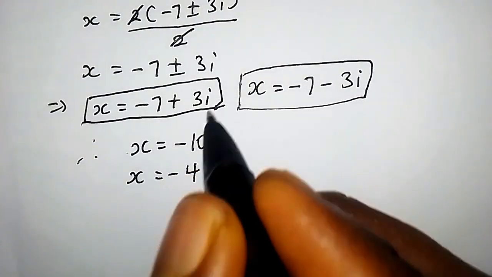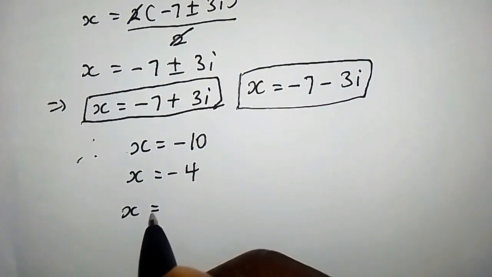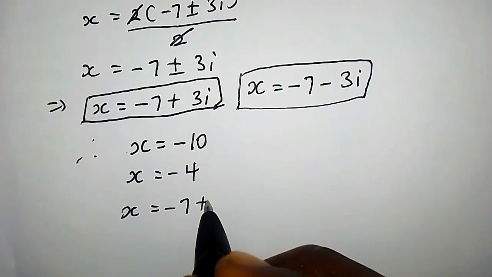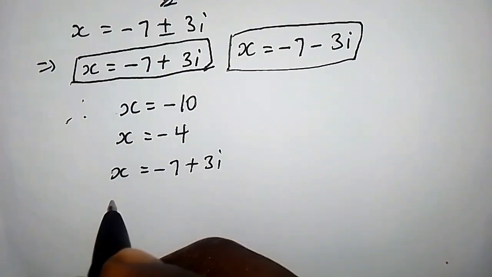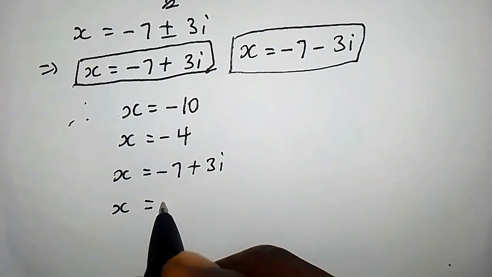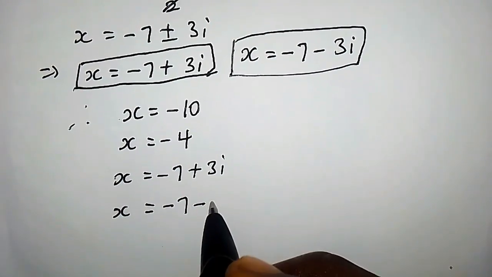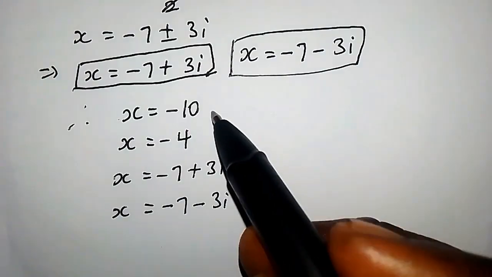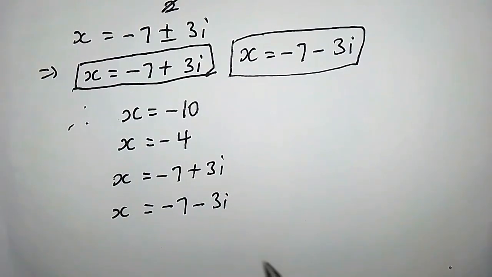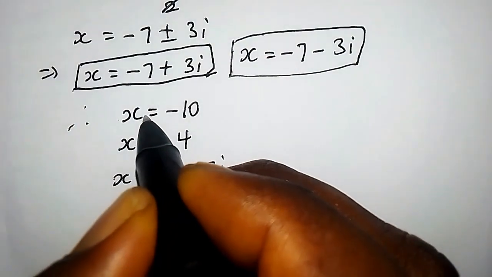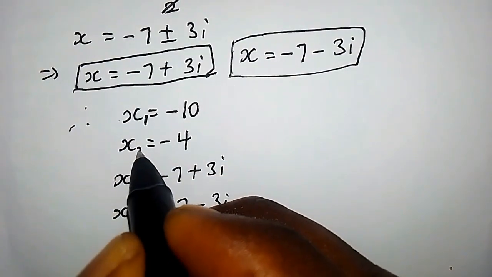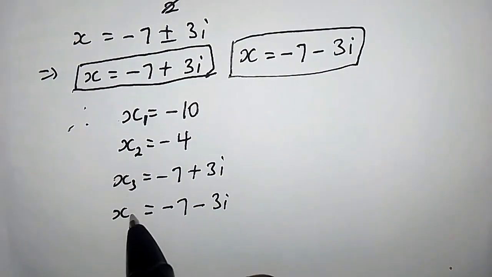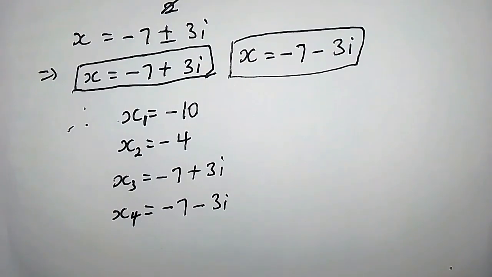And this is another set of solutions: x equal to minus 7 plus 3i, and x equal to minus 7 minus 3i. All these four solutions satisfy the original equation. Let us call these x1, x2, x3, and x4.